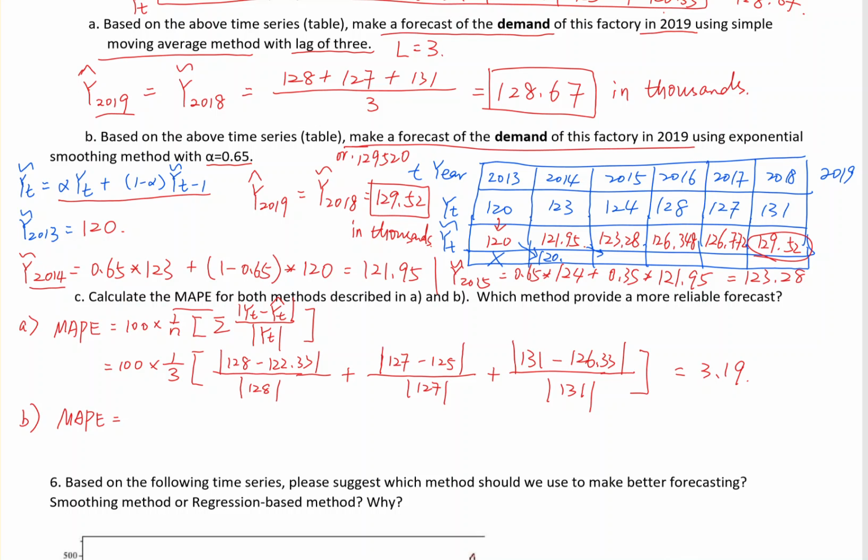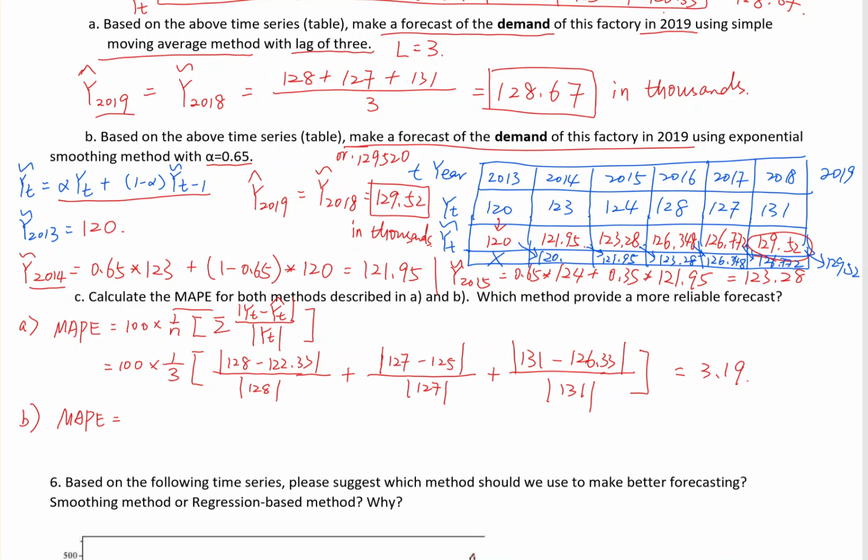Next one for 2015, 121.95. Next one for 2016, 123.28. Next one for 2017, 126.348. For 2018 is 129.772, and then for 2019 will be 129.52.